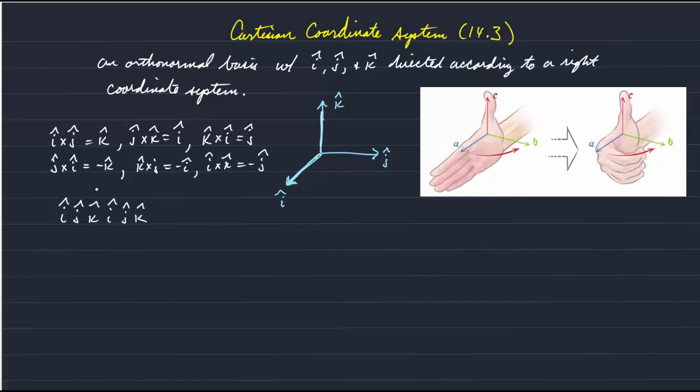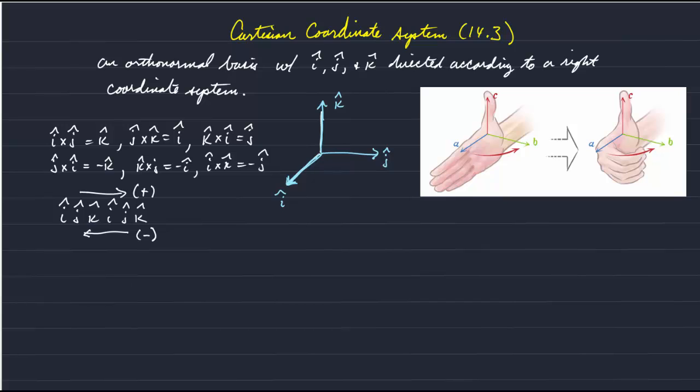If you evaluate the cross product in this order, then the result is the next vector and it's positive. For example, i crossed with j gives k, going in this direction to the third vector. And if you evaluate the product of two vectors in the opposite direction, the third vector is the result, but it's multiplied by minus 1.